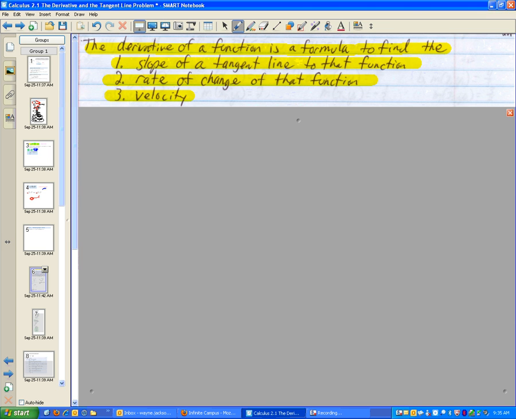Yes? So, why is it important to find the slope of a tangent line? Because the slope of the tangent line, which is what we worked with to get the definition, slope is rate of change. That's really what we're after.